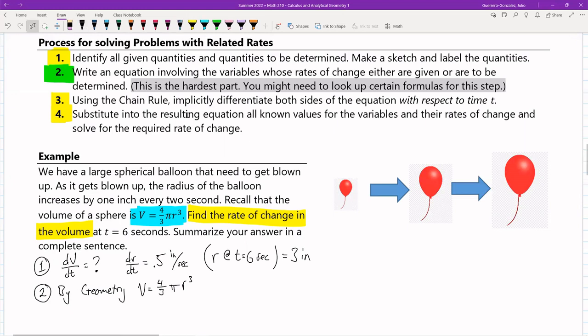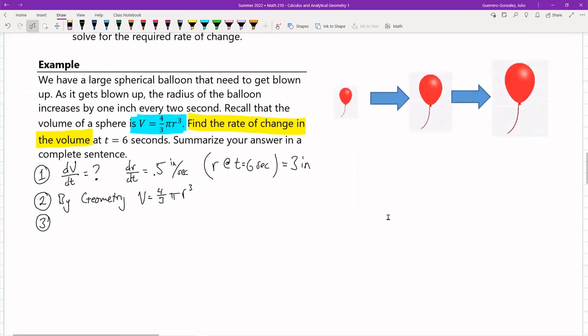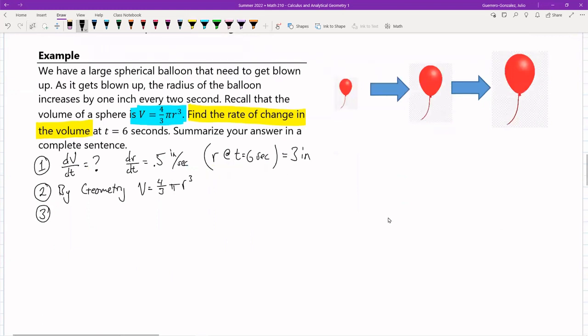Okay. Let's go ahead and scroll down some more. Let's go to step 3 now. Step 3 is using the chain rule. We need to implicitly differentiate both sides of the equation with respect to time. Well, this is the part that, at least calculus-wise, is the most difficult. So I need to take the derivative of this thing with respect to time.